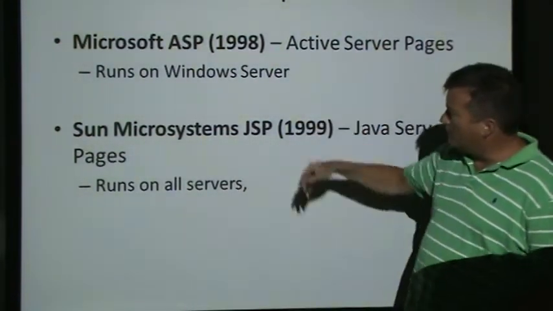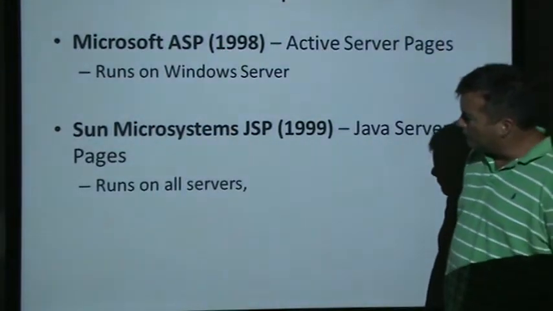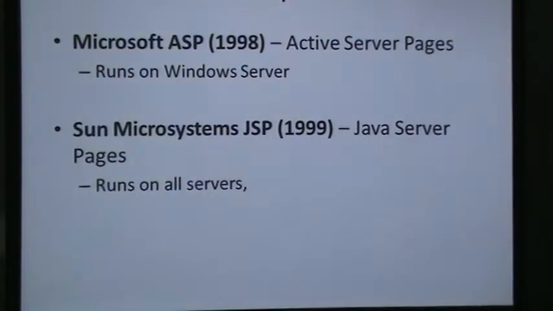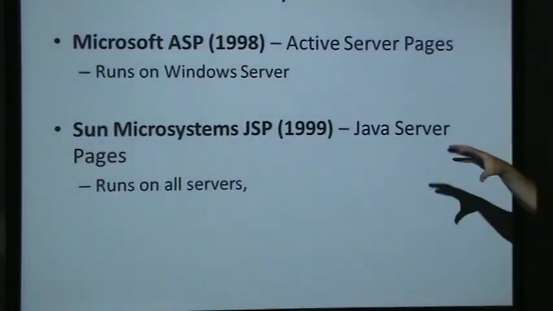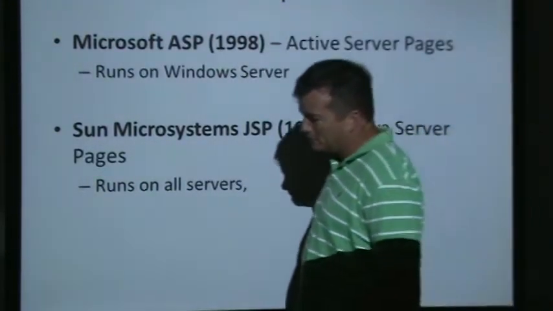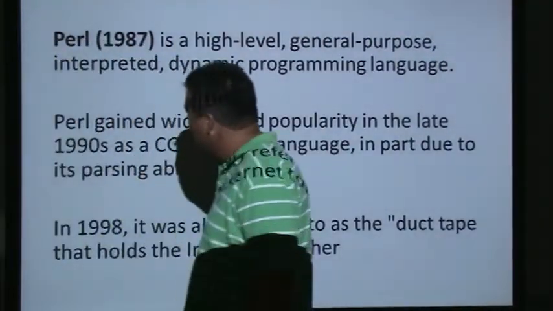The Microsoft one runs mostly on Microsoft servers, though this is starting to change, whereas the Java one runs on pretty much all servers and tries to push people to use the Java programming language, because Java will be available on all computers, so you could push some of the code out to the client and have it run on the client. That was kind of the idea of what Java Server Pages are doing, but PHP is still popular today.